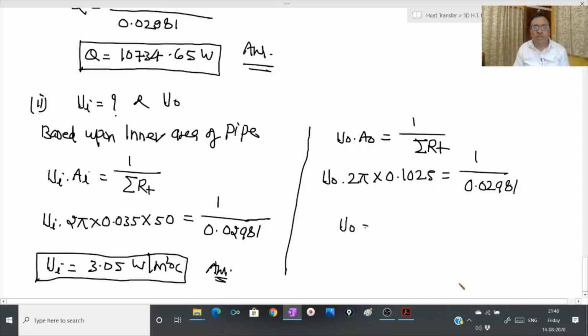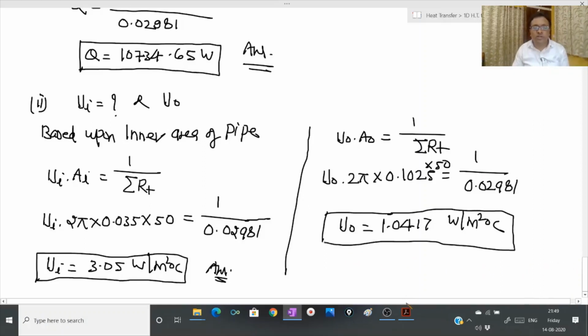So from here the value is 1.0417 watt per meter square degree Celsius. This will be answer number 2.